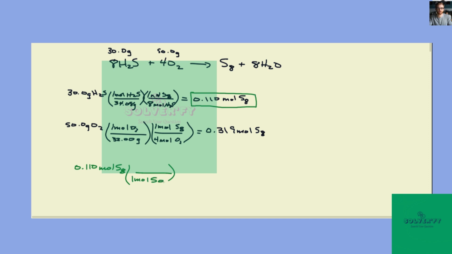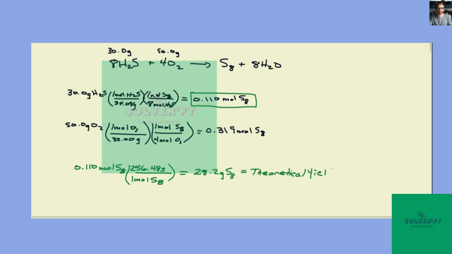So every mole of S8 is 256.48 grams. And so we still have 3 significant figures. We get 28.2 grams of S8. When we do it by math, that's called the theoretical yield.